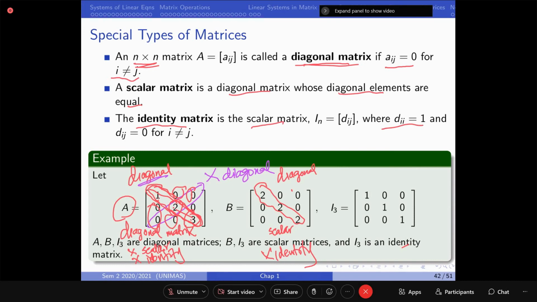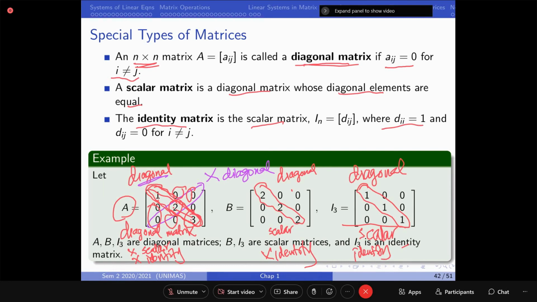Okay. Third one is diagonal. 1, 1, 1, all the same, so this is a scalar matrix. 1, 1, 1, this is also the identity matrix.